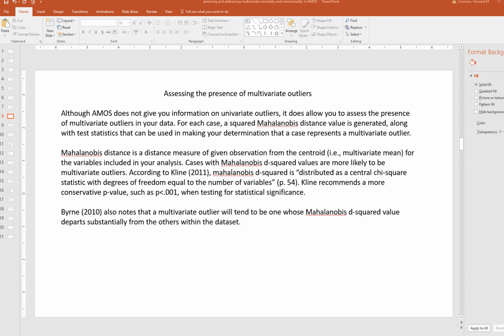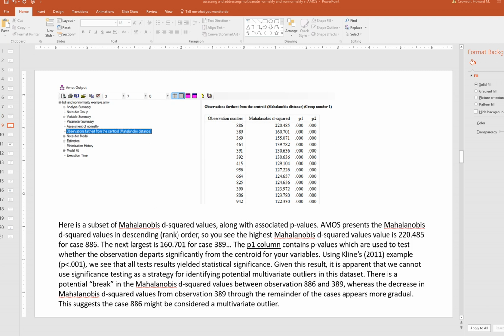I will say that Kline recommends more conservative p-values, such as p less than 0.001, to assess for the presence of a multivariate outlier.